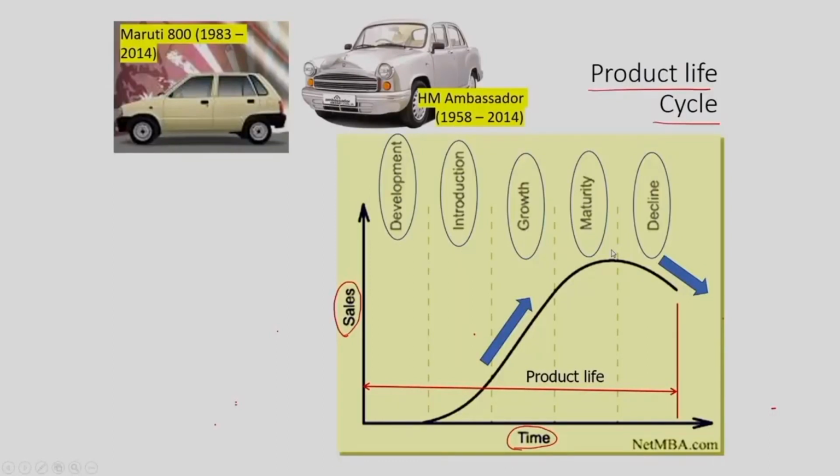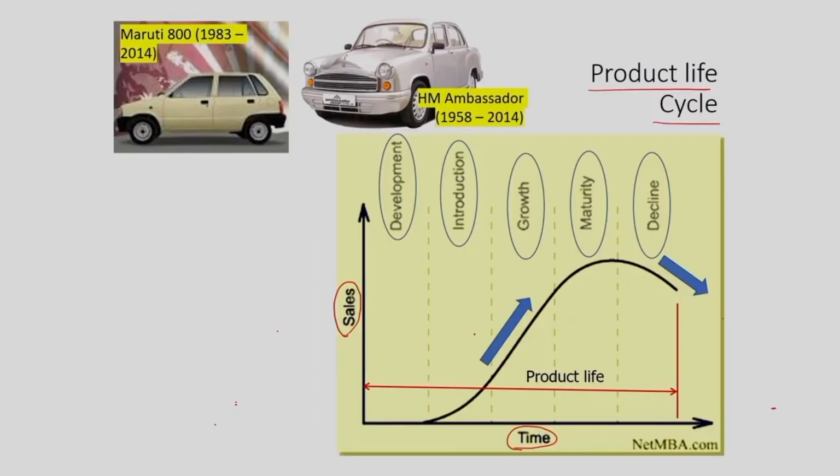In earlier days this duration used to be in decades. If you take the example of the Maruti 800 car, it was launched in the year 1983, and it was in the market up to 2014.